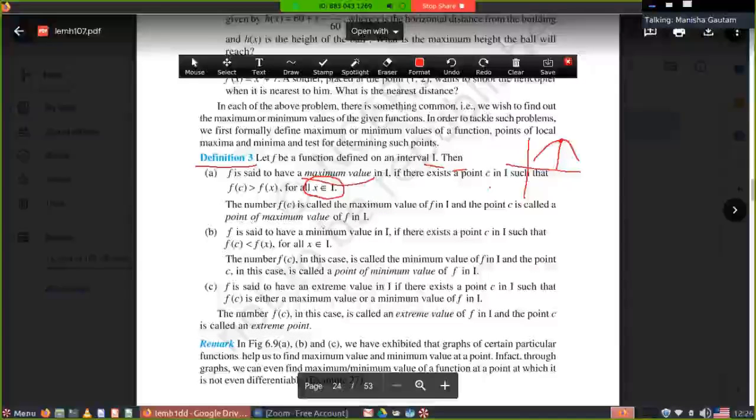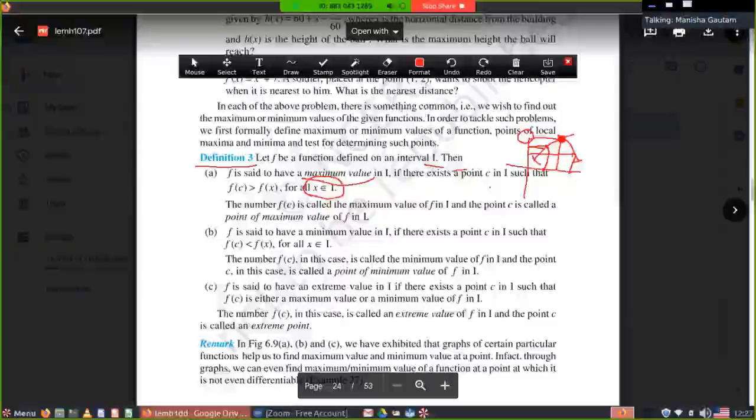If I take the interval from this to this, and take somewhere this point, the value of y here is less than this value. Suppose I am taking x from here, the value of y is also less than the maximum one. It means in the interval, this point is showing the maximum value.